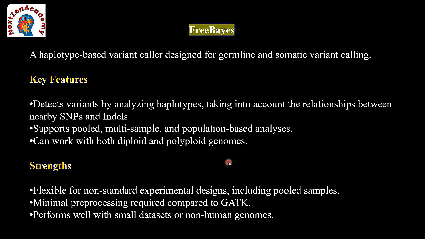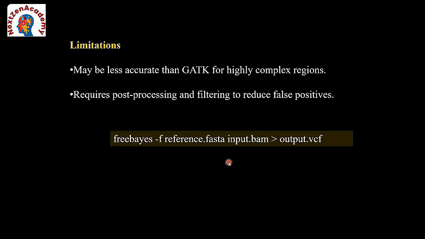This is how GATK works. If you want to work with FreeBayes, FreeBayes is developed, and that is also helpful to identify the haplotype, for both germline and somatic variants.